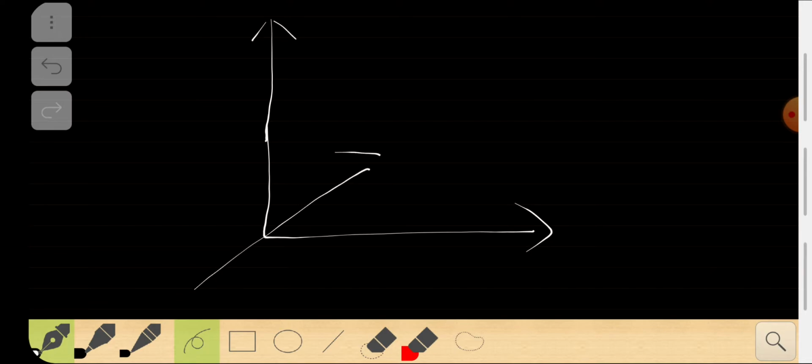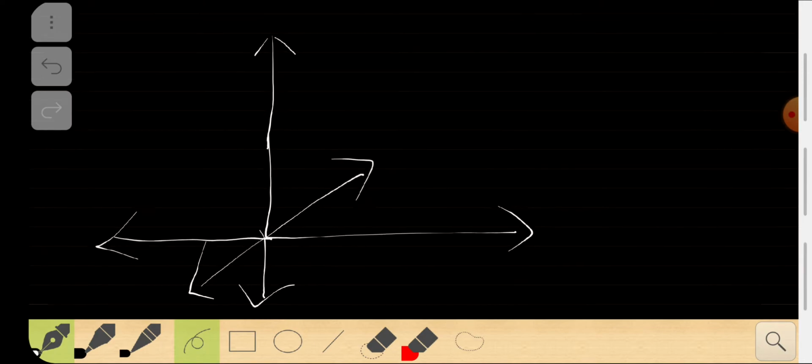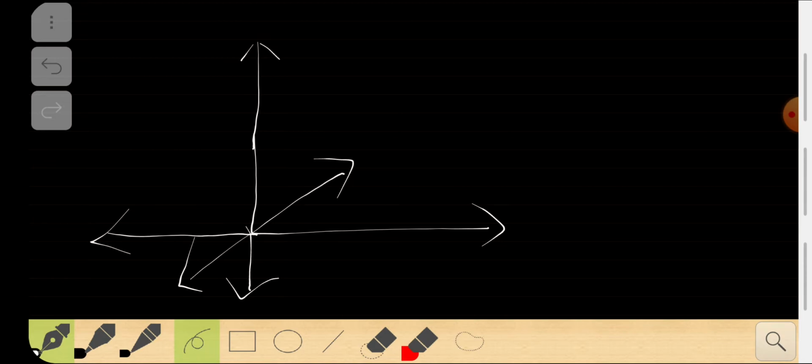I'll explain how it works: if you have x in this axis and y in this axis, then z must come here. If you reverse the x and y, then z must go down.